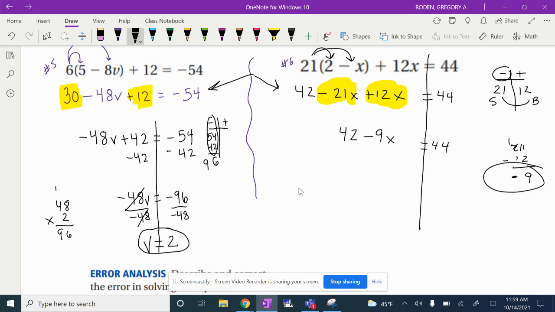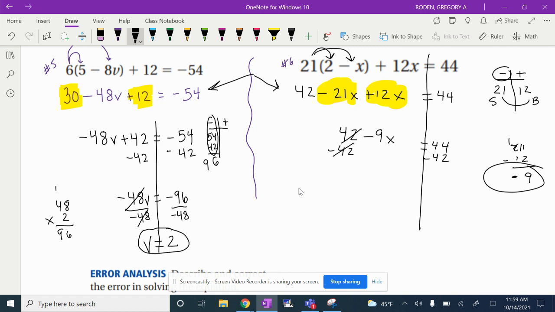All right, so now this is a positive 42, so let's subtract 42 from both sides. Just making sure all my math looks good here. If I subtract 42 from both sides, the 42s cancel.